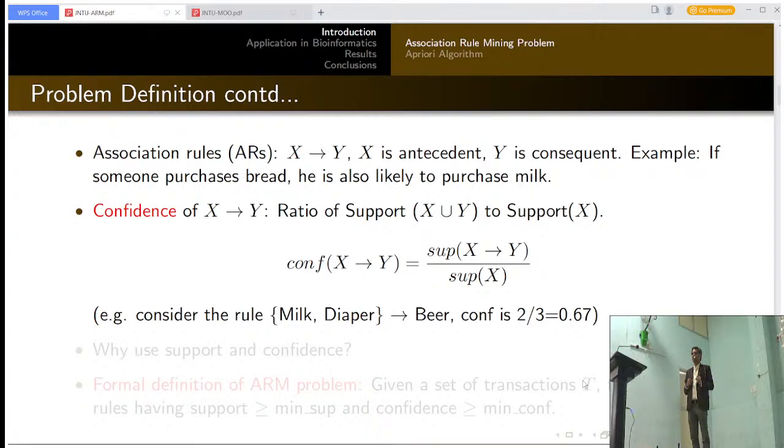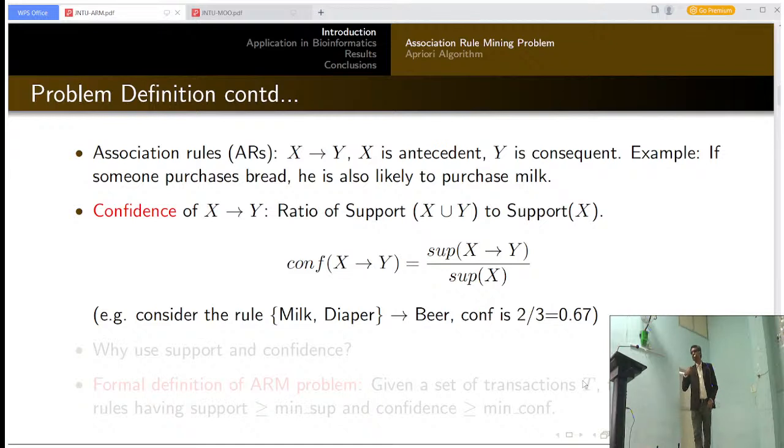So the support of the rule bread implies milk is the support of bread, milk. Similarly, the support of the rule bread, milk implies butter is equal to the support of bread, milk, butter. So confidence of a rule is defined as the support of the rule divided by the support of the antecedent only.